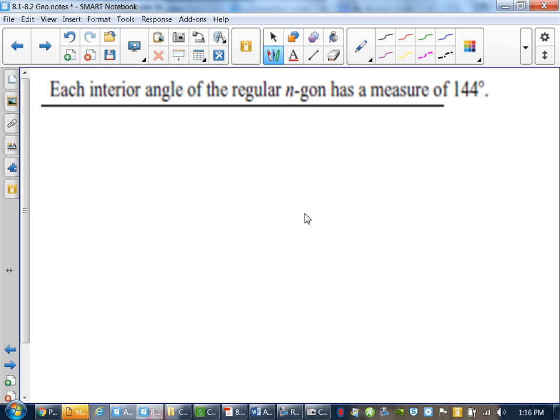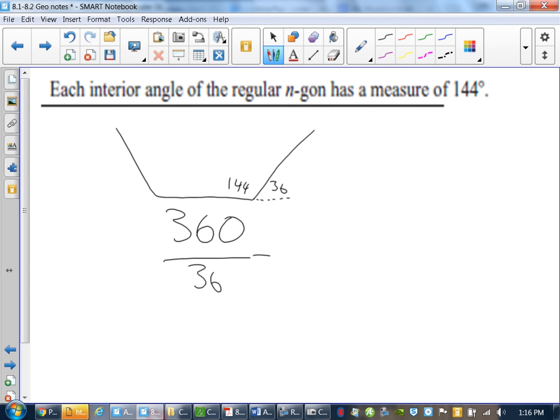Remember, same basic idea. I don't know how many sides there are, but I do know that this one here is 144, which gives you a 36 on the outside. Yeah, it's 10. You take 360 divided by your outside angle, and you get the number of sides.